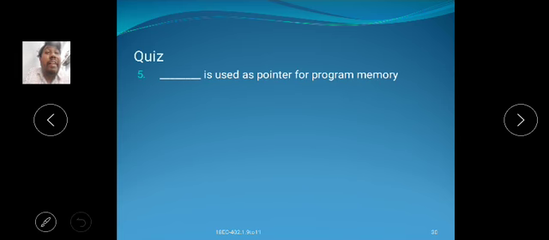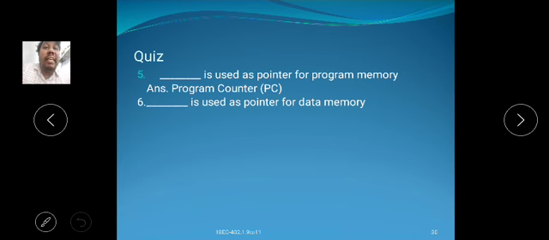And here, dash is used as pointer for the program memory. The program counter, that is the PC, is used as pointer for the program memory.